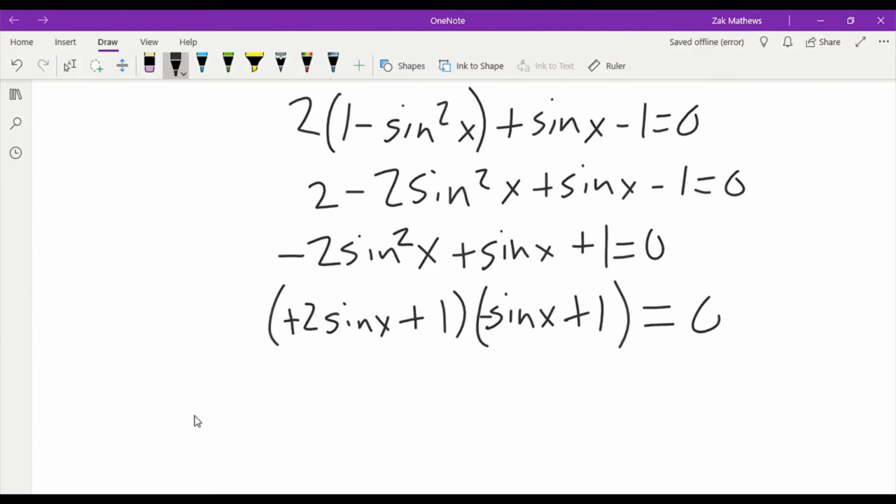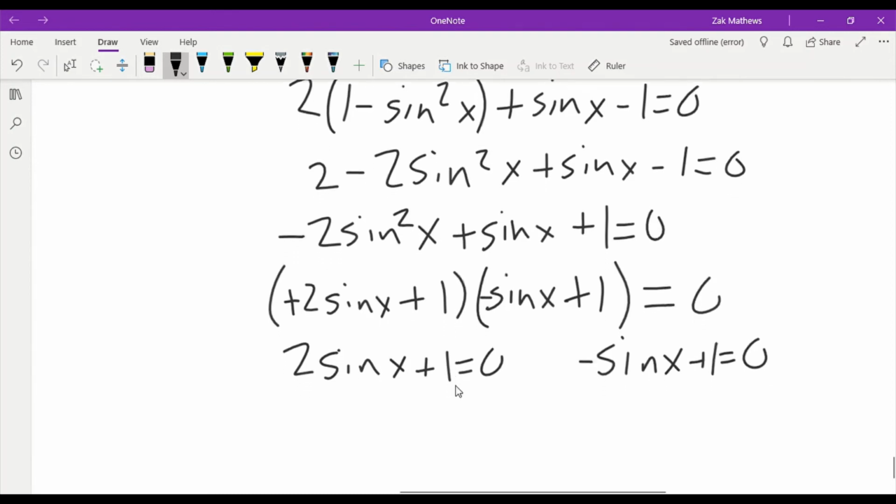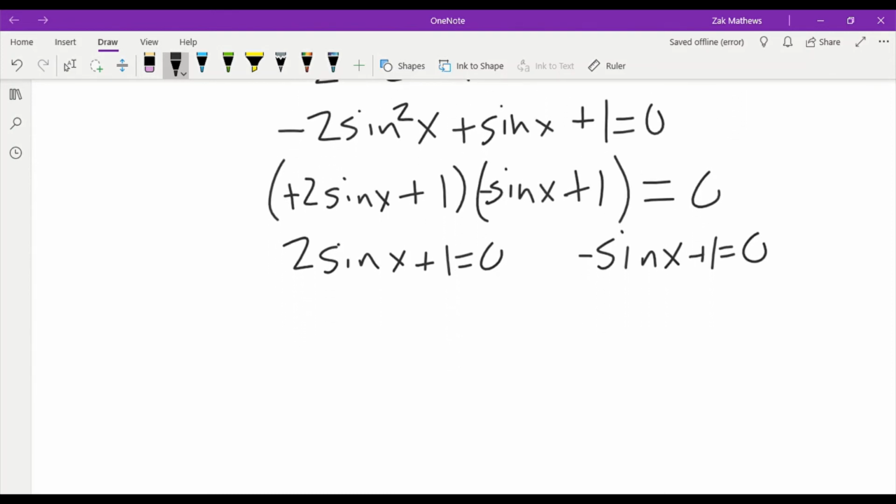So you could have left that as a negative 2 and just use a negative 1, it doesn't matter. But either way we factor it, we get 2 sine x plus 1 equals 0, and negative sine x plus 1 equals 0. Now I'm going to solve both of these equations. So sine x will be equal to negative 1/2, and sine x will be equal to 1.